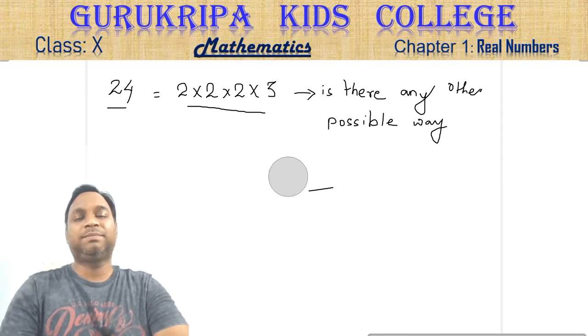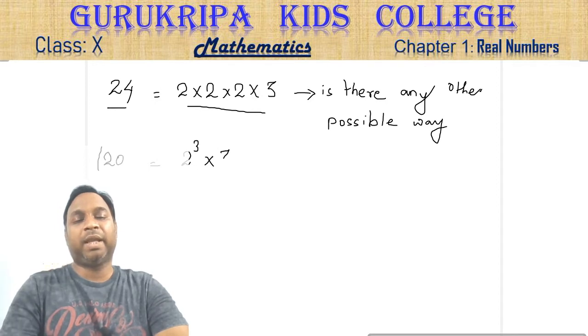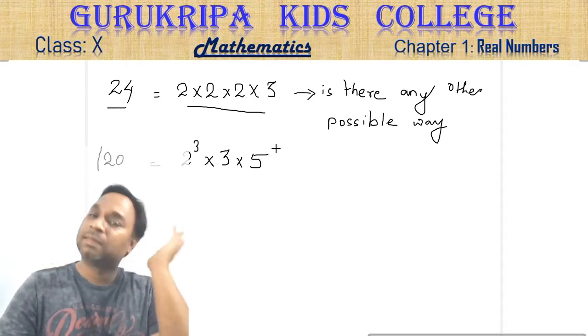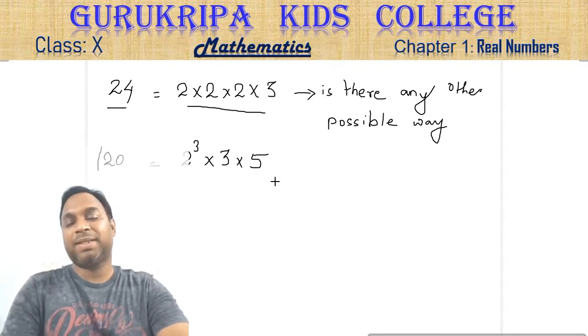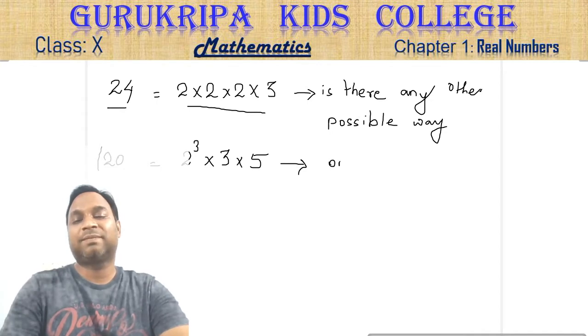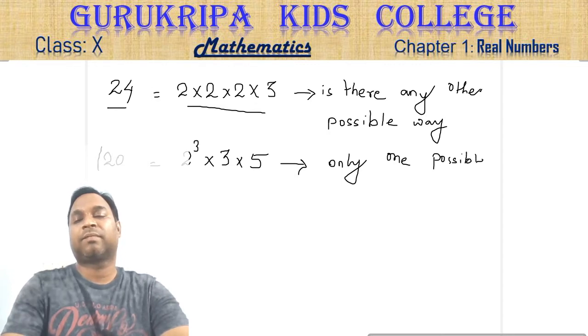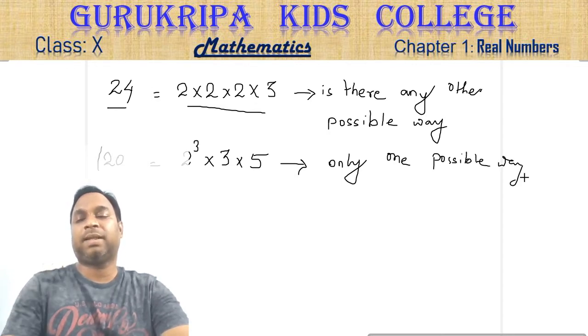Let's take one more number. Which number do you want to take? 120. 2 to the power 3 into 3 into 5. Any other possibility here? No, only one possible way. Right?